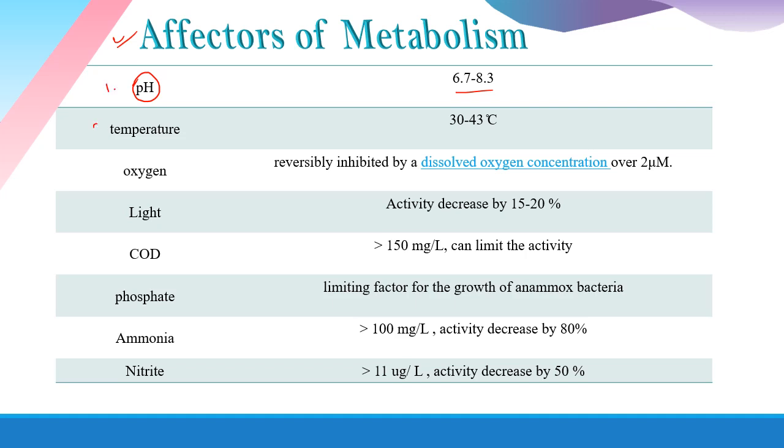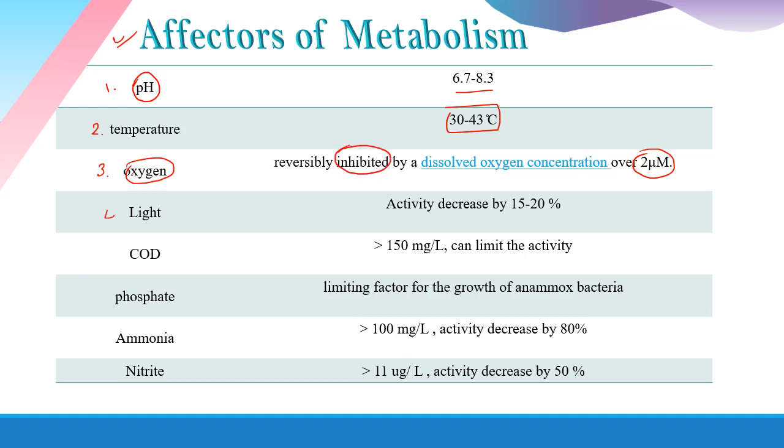After that, the temperature is about 30 to 43 degrees centigrade. Then the most important one is the oxygen, which, as we have talked about, is an anaerobic process. That means oxygen must not be present. So a dissolved oxygen concentration over 2 micromolar can reversibly inhibit the process.